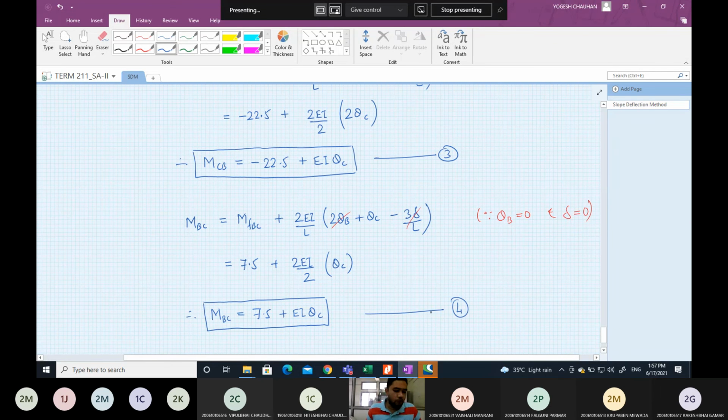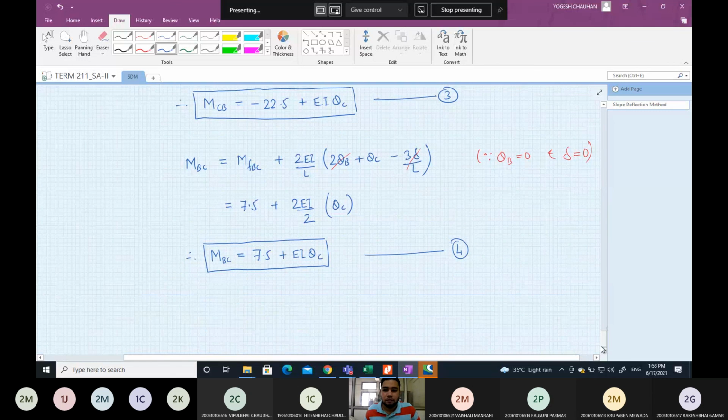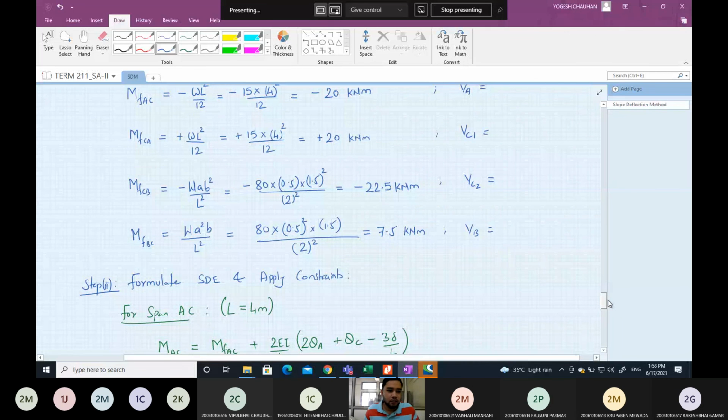Okay, so you have 4 simultaneous equations. We can solve them by applying the equilibrium conditions that we will do in the next step. But okay, let's stop here. In the next class we'll continue this example.